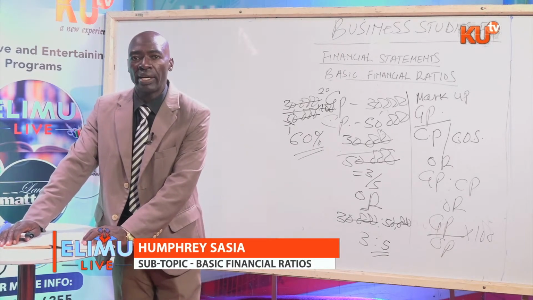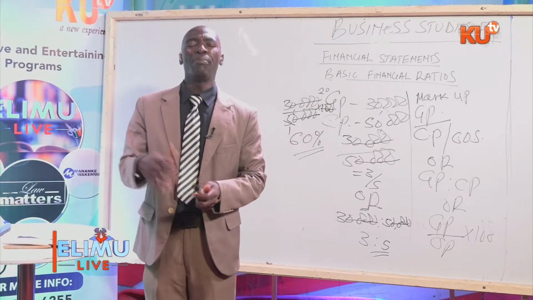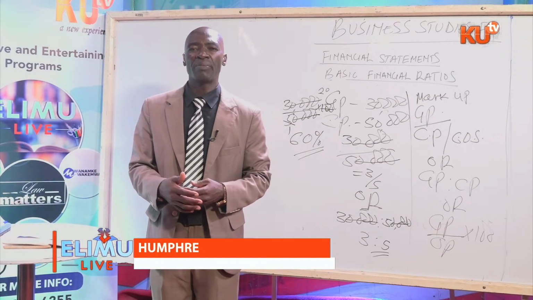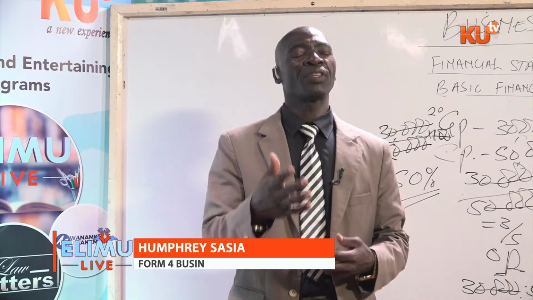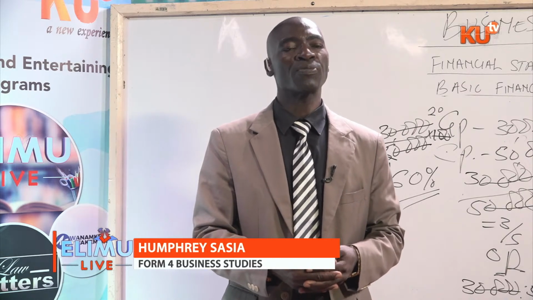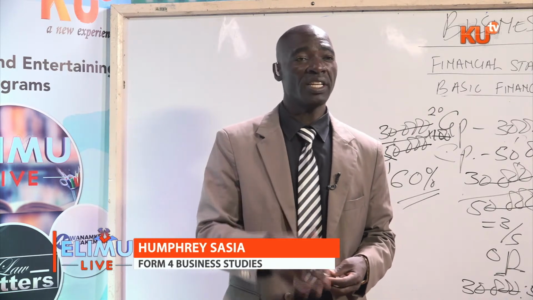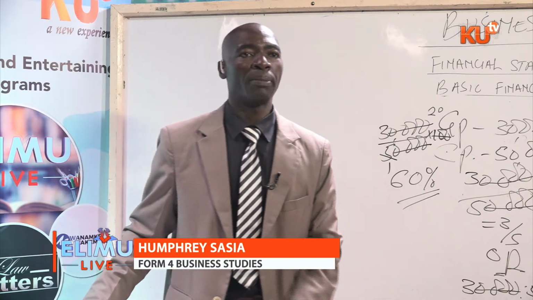You must have the gross profit made, and then you get the cost of sales or cost of goods sold or cost price. Then you divide the two. That's how you arrive at the answer of markup.